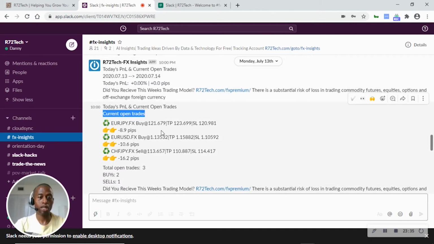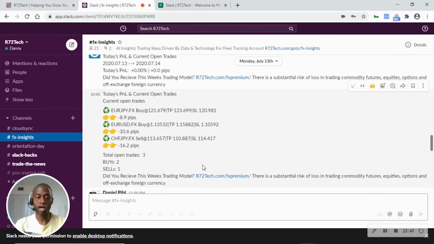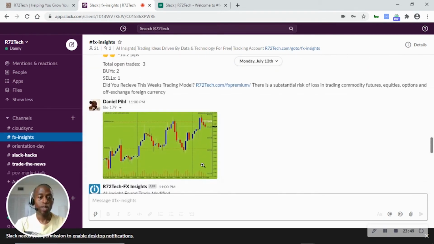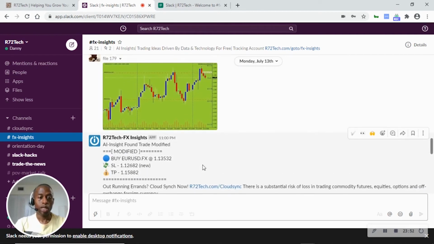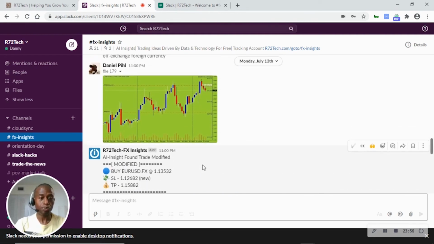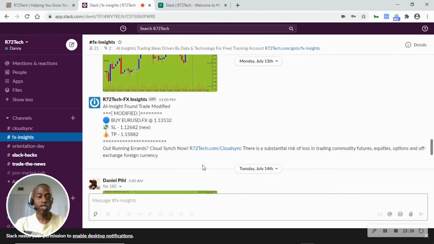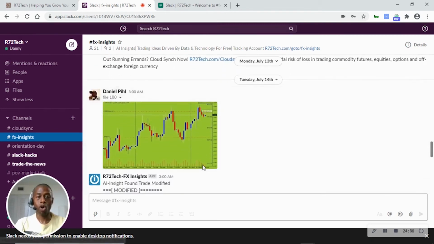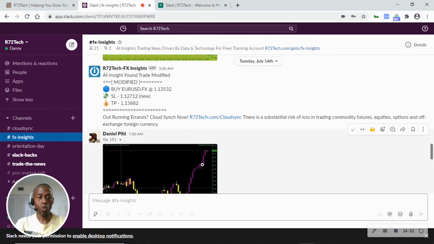You get a snapshot, and you can see here euro yen down 8.9 pips, euro USD down 10.6, and the Swiss franc yen down 16.2 pips. 3 trades, 2 buys, 1 sell, and so forth. All right, so this is another one at 11 o'clock for the euro USD. So mind you, this is all basically within 1 day still.